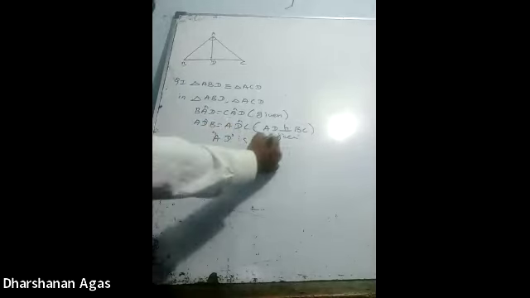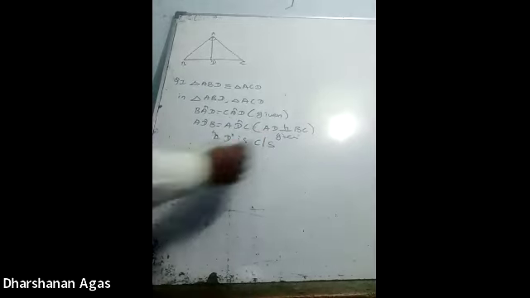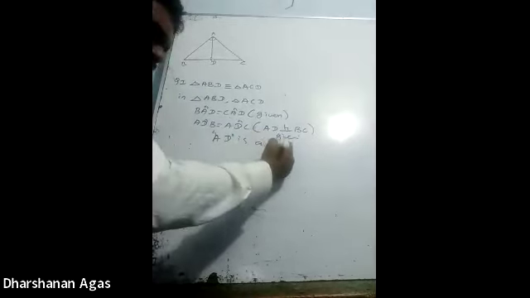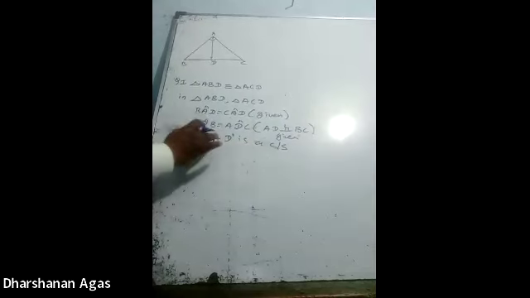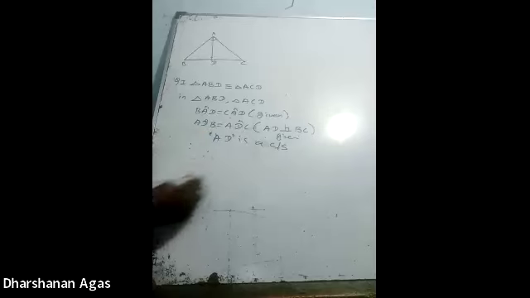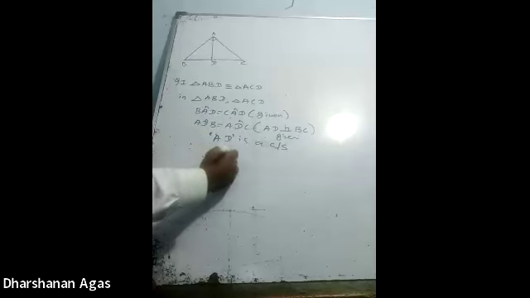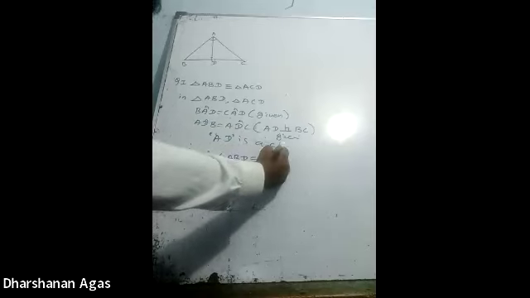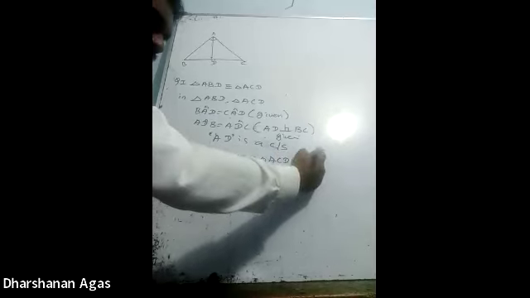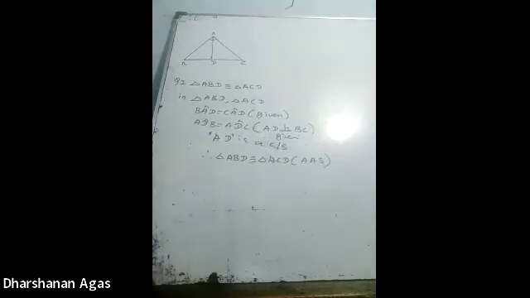Therefore now we got three elements: BAD equals CAD, one angle; ADB equal ADC, another angle; and the common side AD. Therefore, triangle ABD congruent to triangle ACD. What is the case? Angle, side.